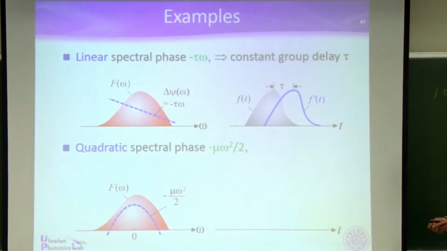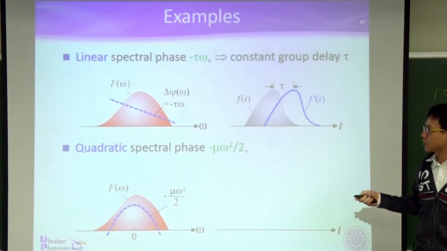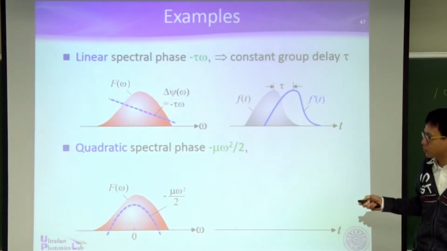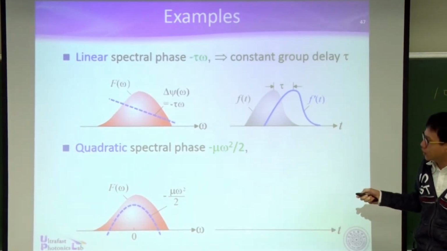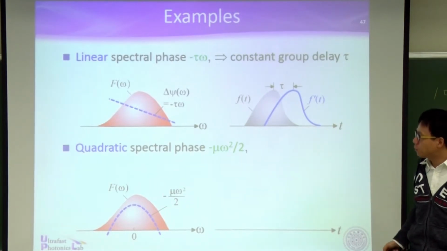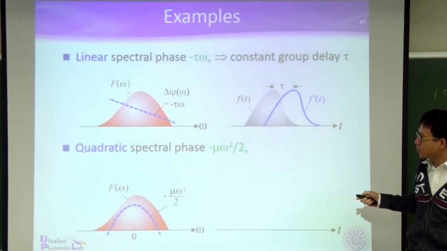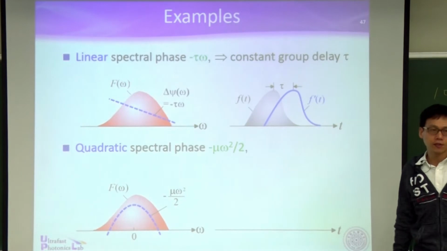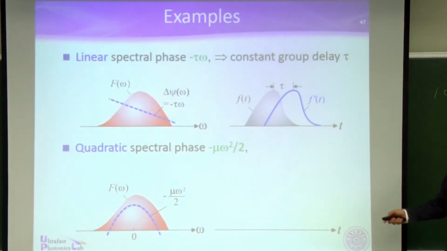Second example, what happens if now your phase modulation is a quadratic function, minus mu omega squared over 2. Mu is some positive number. So you have, this is a convex spectral phase function. The same power spectrum, but different phase function. What is the corresponding temporal waveform?